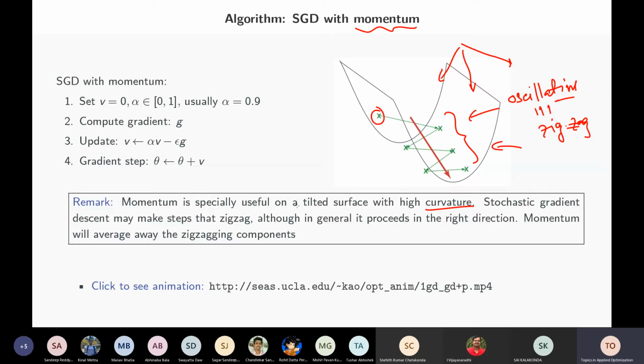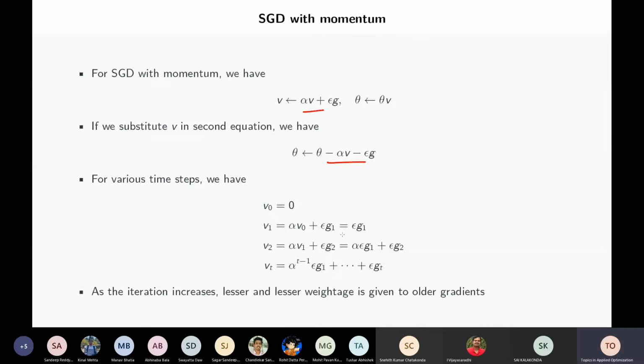If I write down what I explained before, and compute V1, V2, Vt, then Vt will look like this, where there is the highest power on the oldest gradient. So as the iteration increases, lesser and lesser weightage is given to older gradients.